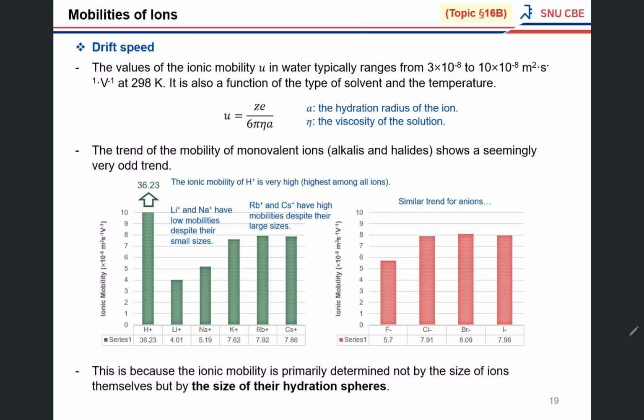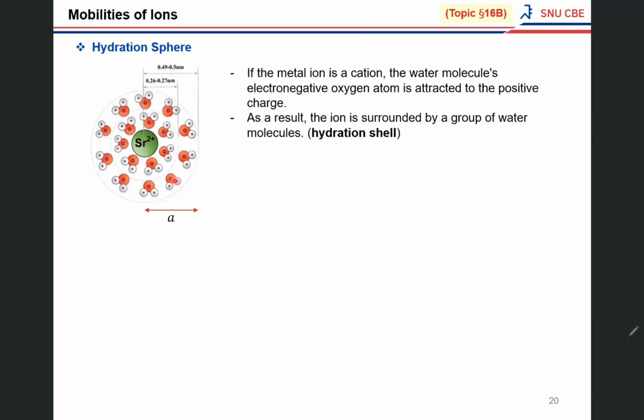So here we have the strontium cation inside the water, and due to the electric field made by the positive charge of this cation, all the water molecules are attracted to have some kind of disordered structure. And if you want to move this ion, then this group of water molecules moves together.